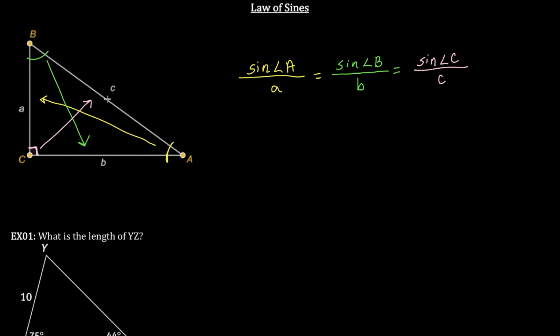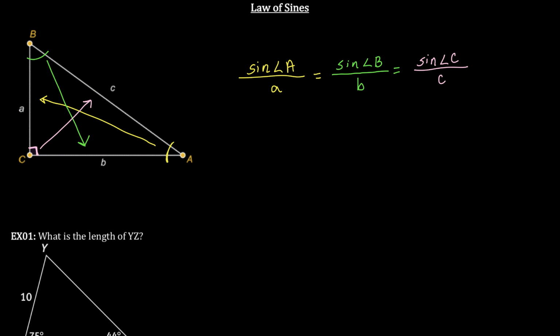It's kind of arbitrary. You'll see when which one's A, which one's B, which one's C. But basically, the sine of the angle over the side opposite is going to be proportional to the other sines of the other angles over their opposite sides.